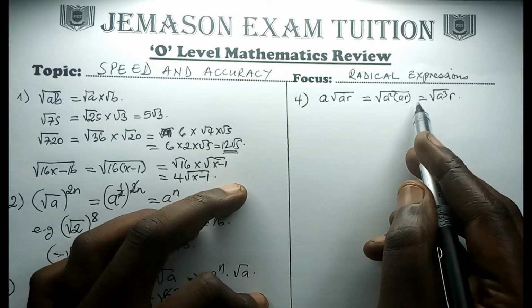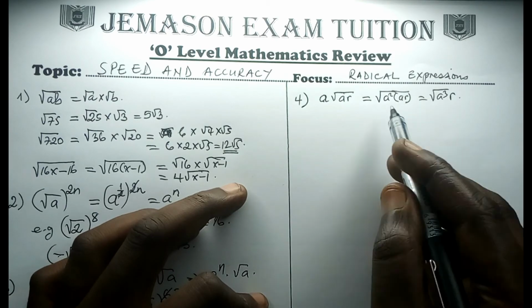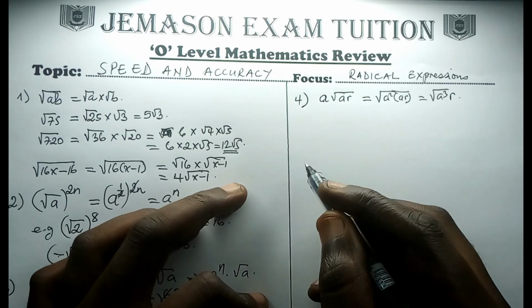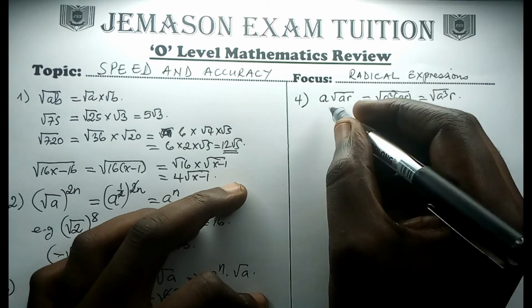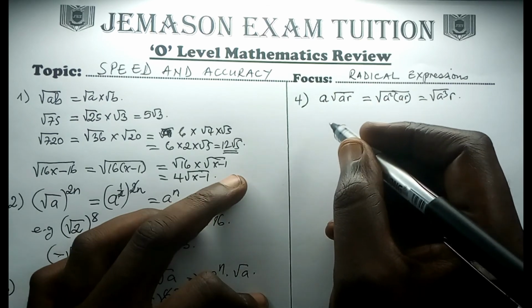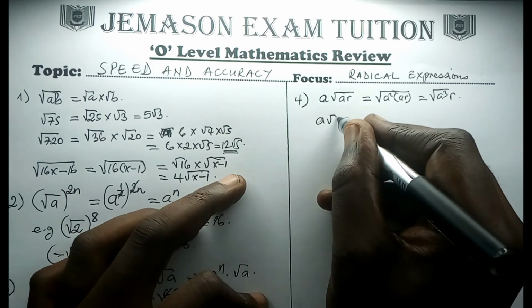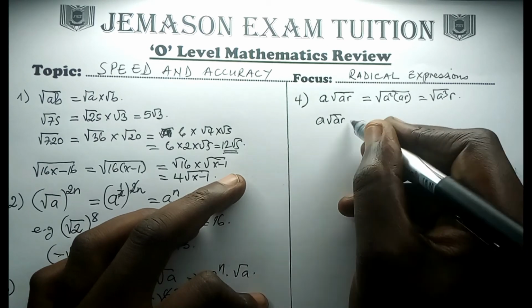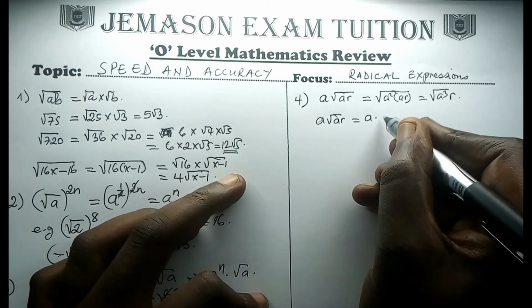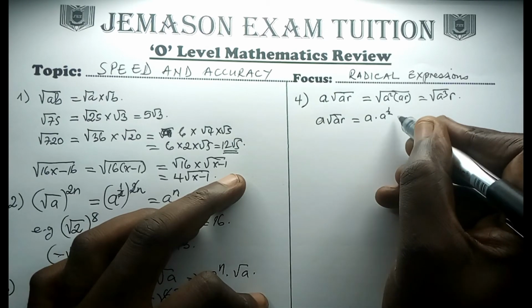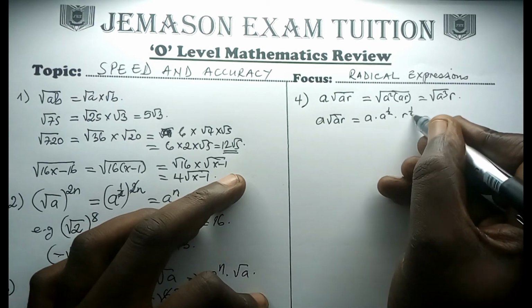If you don't know this shortcut, look at the stress you have to go through. You would have to use properties of indices by saying a root of ar equals a dot a to the half dot r to the half.